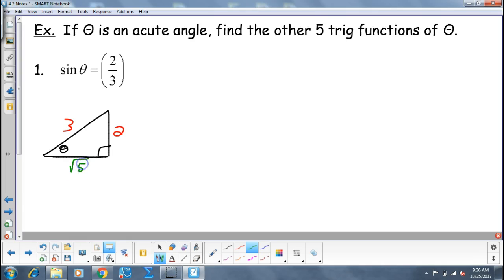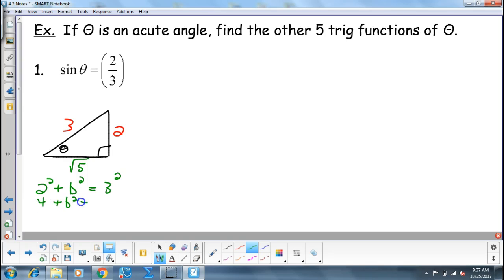How'd you come up with the square root of 5? So 2 squared plus my missing side, we'll call my missing side b squared, equals 3 squared, right? So that's 4 plus b squared equals 9. So b squared equals 5. So then b equals the square root of 5.